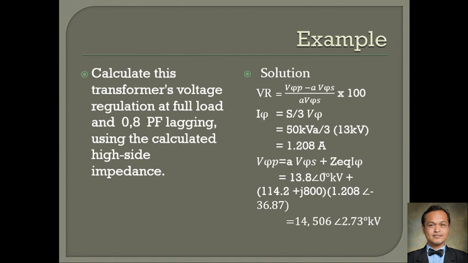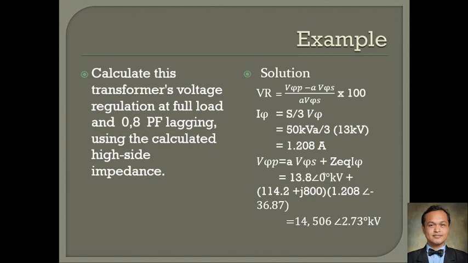So we're going to get the value of every given quantity. First, the phase current is equal to S over 3 times the phase voltage at the primary side. So the value is 50 kVA divided by 3 times 13 kV. So the phase current now is 1.08 amps.